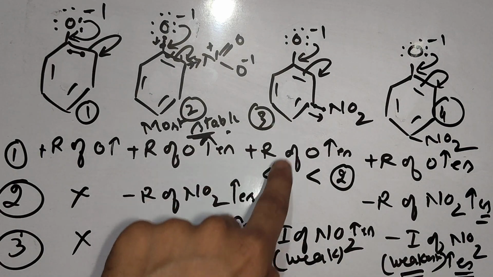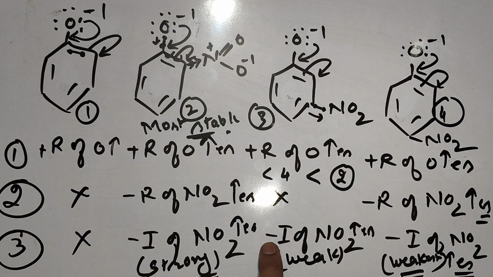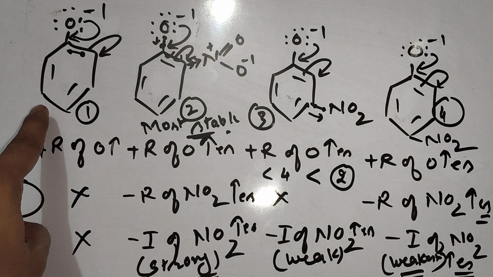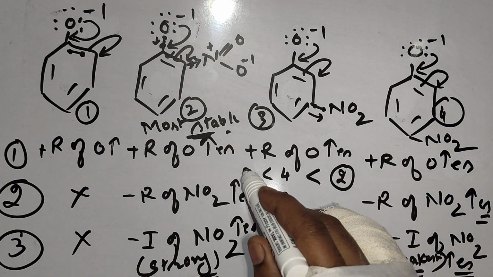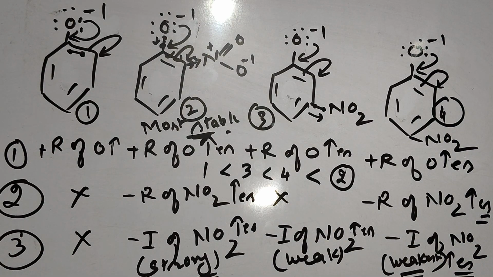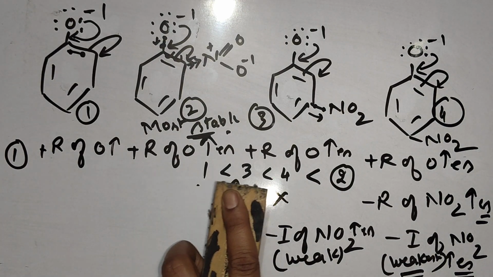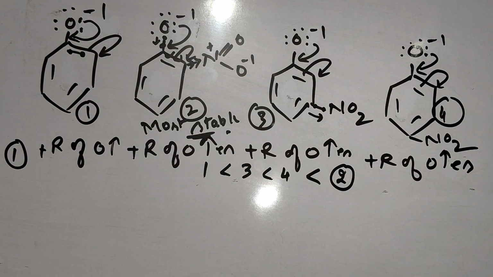The third is getting stability due to two factors, plus R of O and minus I of NO2, whereas the first is getting stability only due to one factor, plus R of O. So clearly the third is more stable than the first. So first your duty is to get this rough idea. This is the stability order of the anions. That's it. So if this is the stability order, what conclusion will we draw for acidic nature?